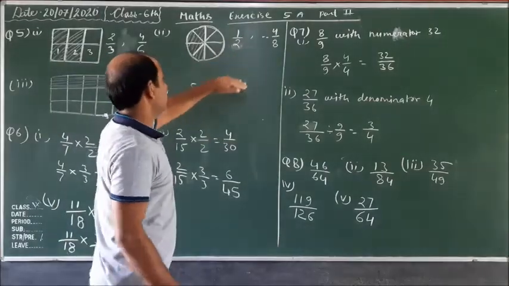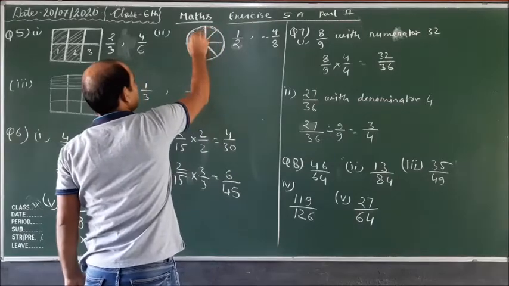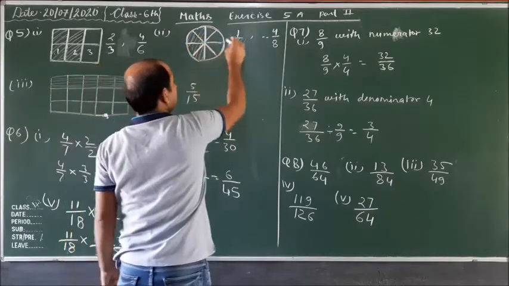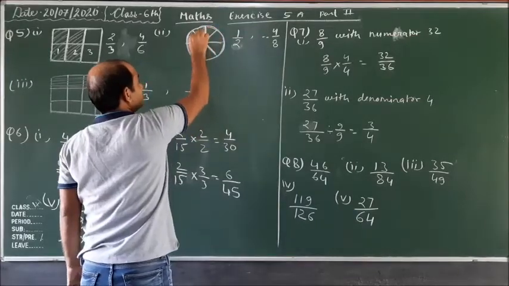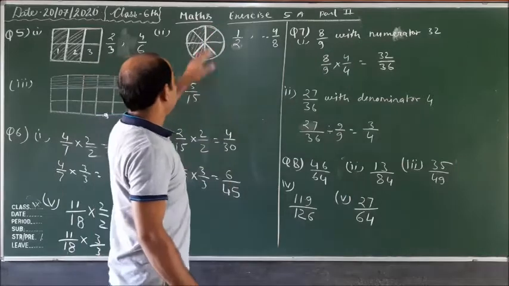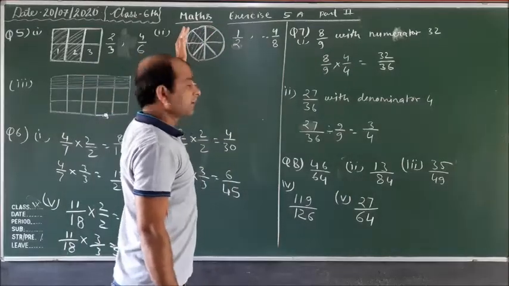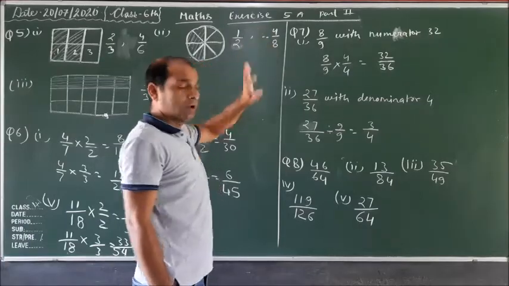Now the next equivalent fraction: we distribute 1, 2, 3, 4, 5, 6, 7, 8. 4 boxes are shaded out of 8 boxes, so we write 4 upon 8.